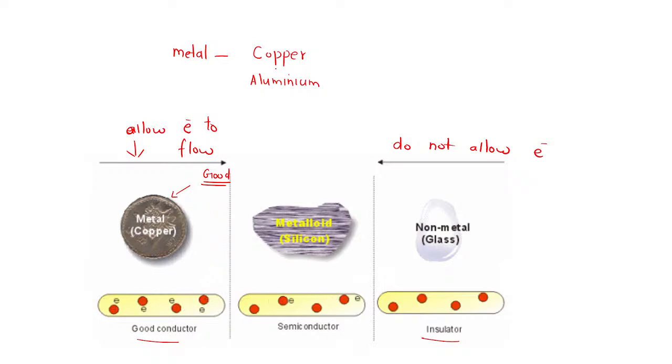So two types of metals are used to make wires, copper and aluminium, and we have also learned about metals and non-metals. In that chapter we have seen that these two metals are very good conductors of electricity, whereas non-metals or the other materials are called insulators. And metalloids are semiconductors, which you are going to learn in your higher classes.